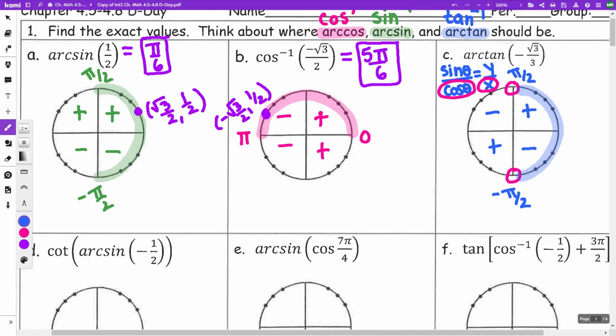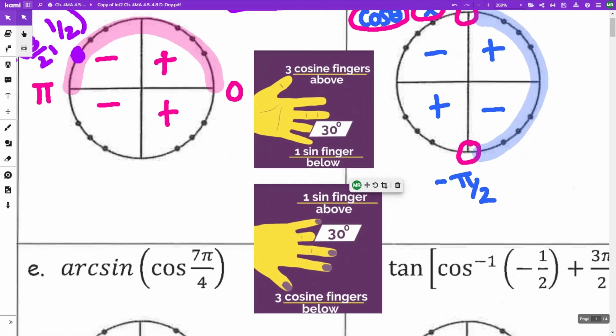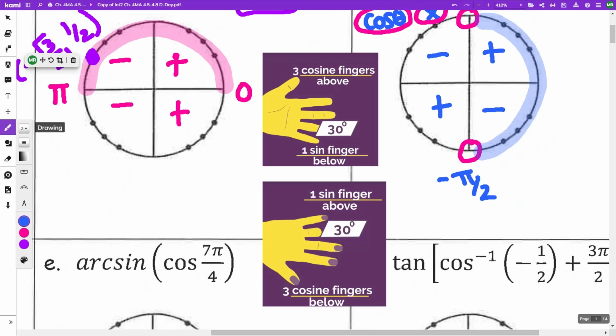So if I look at those values I showed us before, if we're looking at the pi, this would really be pi 6. You see you have 3 fingers above, so that would be a root 3 halves. You have 1 finger below, so that would be a root 1 or 1/2.